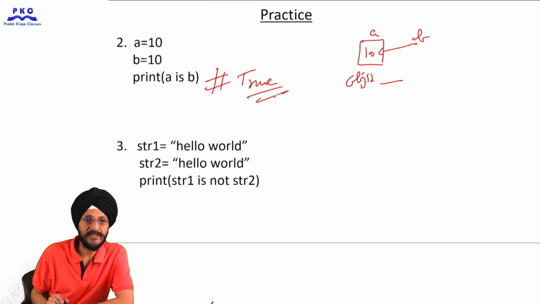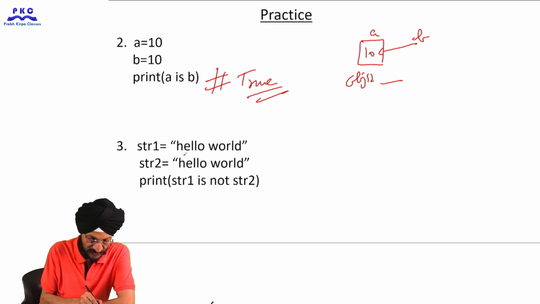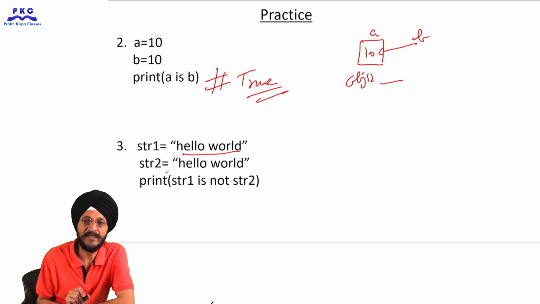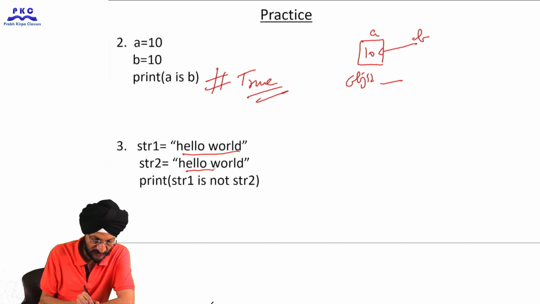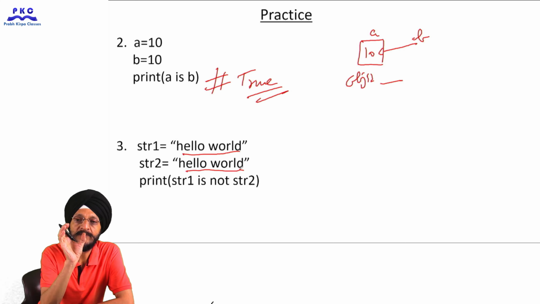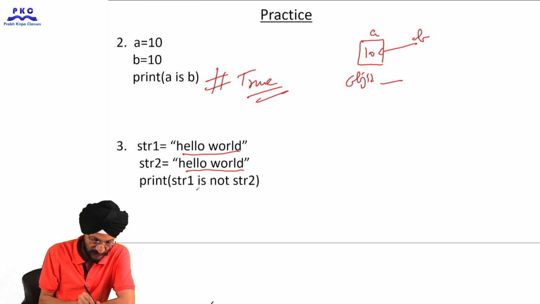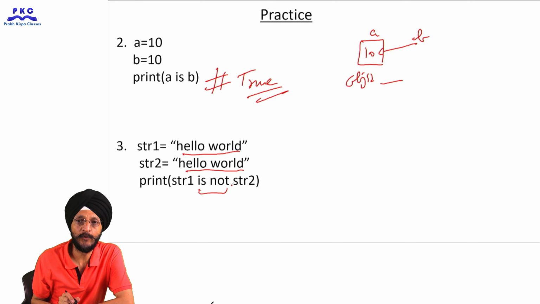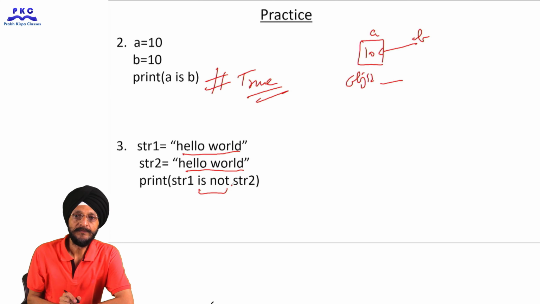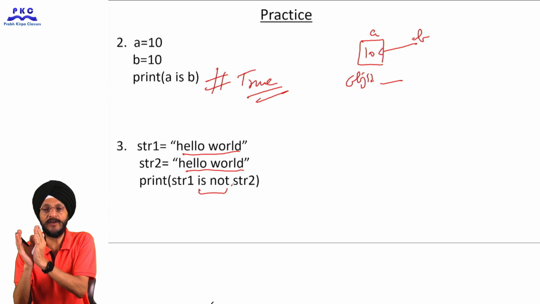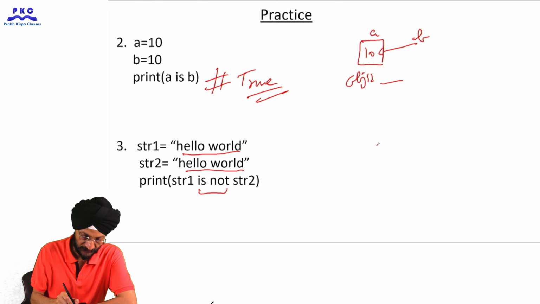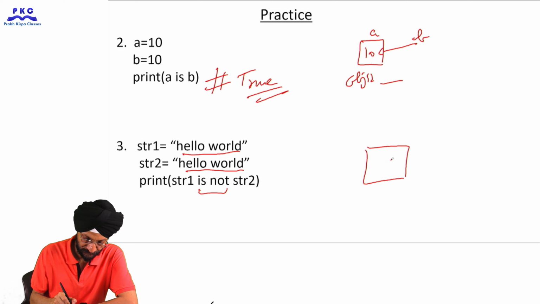Now another question: str1 is a string given as "hello world". Another string has been created, str2, with the same text "hello world". Now the is not operator has been used to find out whether str1 and str2 refer to the same object in memory. Here it is "hello world".